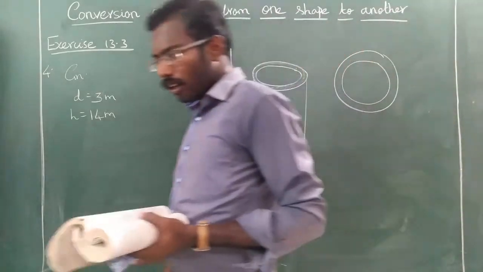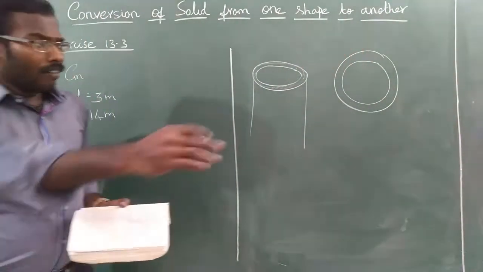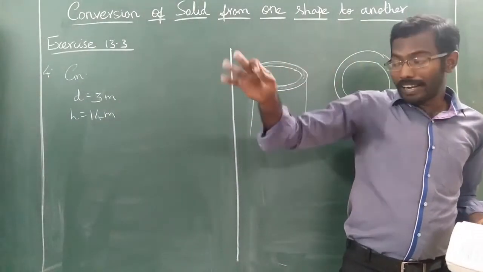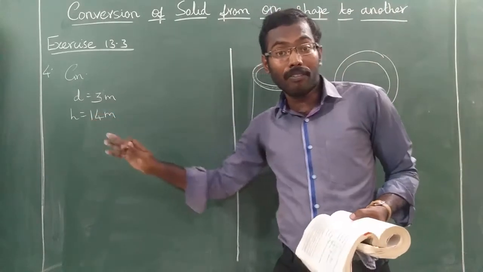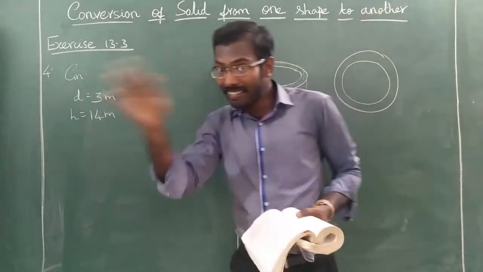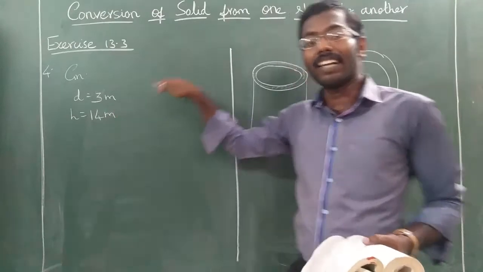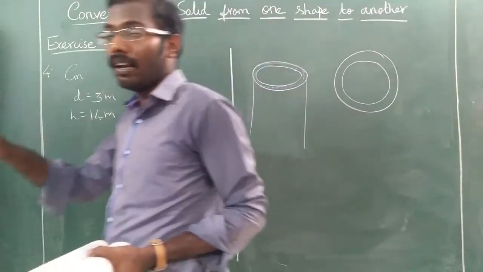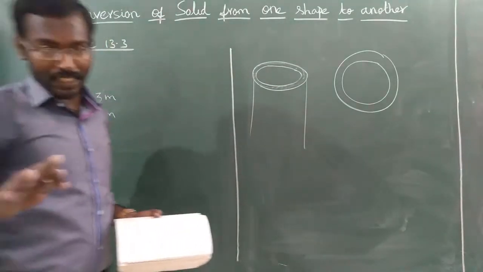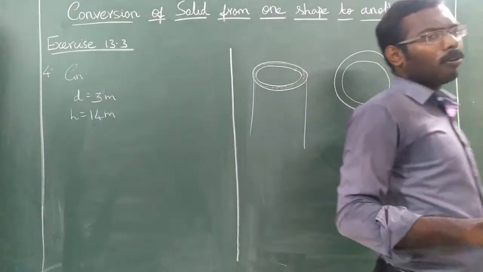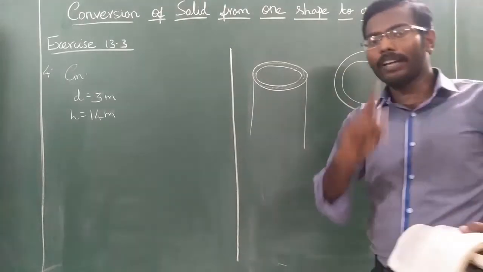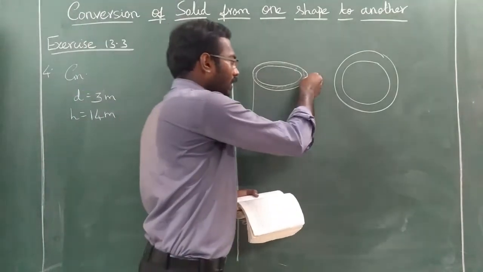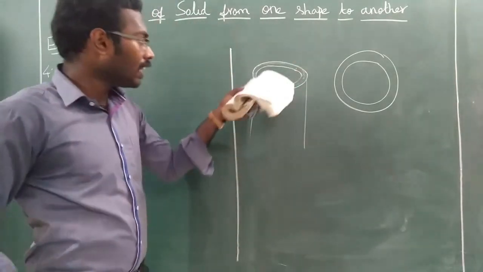Understood or not? Okay, so what we understand from this, the volume of initially the well is in the shape of cylinder. We have to equate now. The cylinder is converted into a circular ring. Okay, cylinder volume formula, volume of cylinder is pi r square h. You know that. Then what about the circular ring? I want you to know that. See here in a circular ring, outside one circle is there and inside another circle is there.